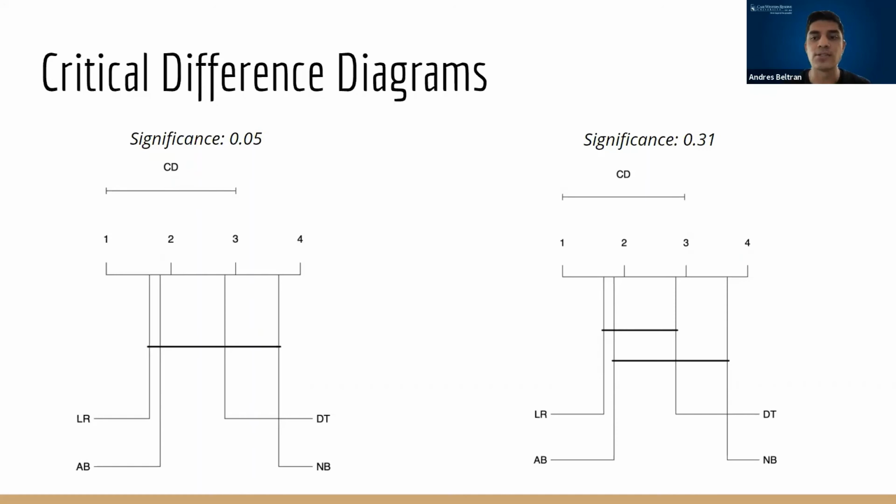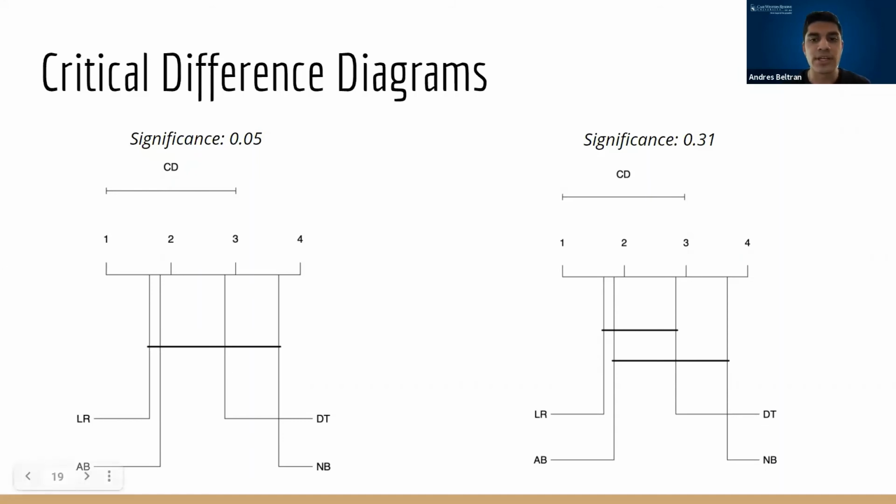The Friedman test is used to determine whether the null hypothesis that 2 algorithms are similar should be rejected or not. Getting a significant result from the Friedman test means that we have to perform a post-hoc test, like the Nemenyi test, to determine which algorithms are actually different. A critical difference diagram can be useful to visualize the results. Those algorithms that are not joined by a line are statistically different.